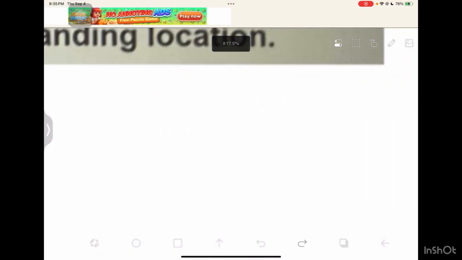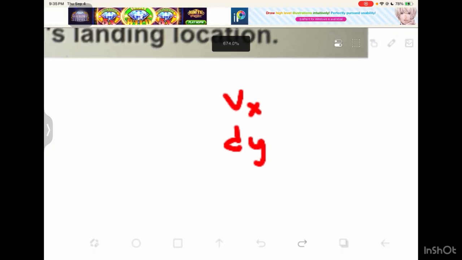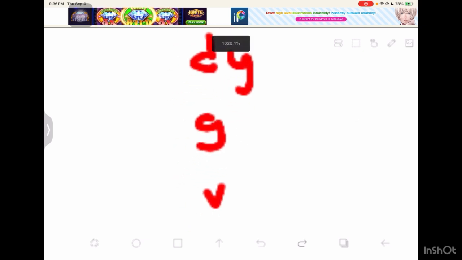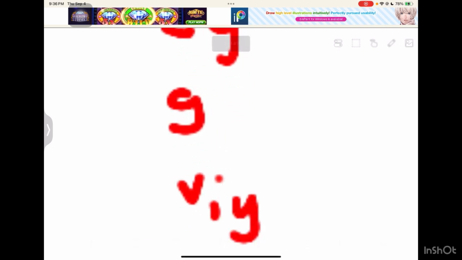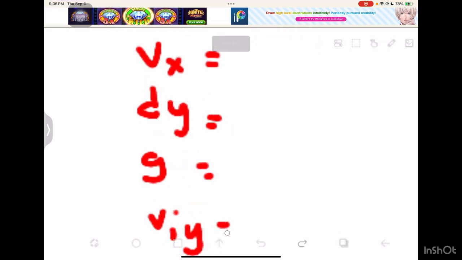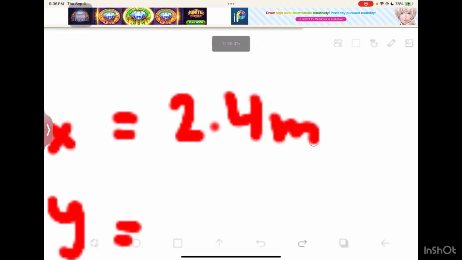So let's write all of it here: v sub x, d sub y, g, and v sub initial for y. So we obviously know v sub x is 2.4 meters per second.